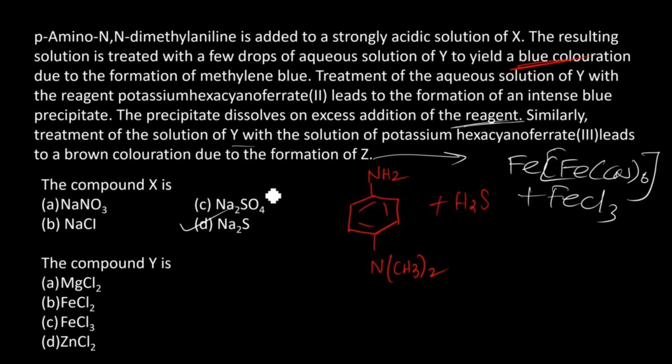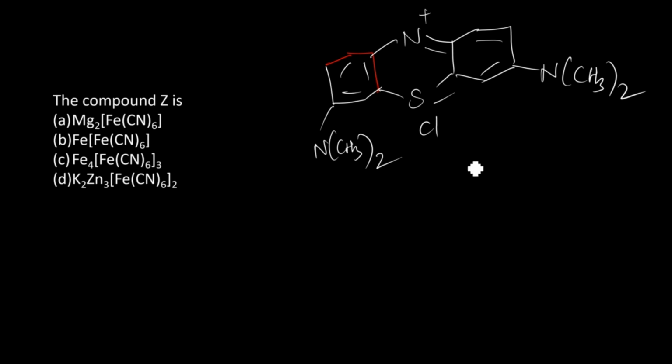So Na2S. H2S gas is produced when we are heating the solution of Na2S. Right, so that is X. The compound Y is our ferric chloride. Then compound Z is ferricyanide.